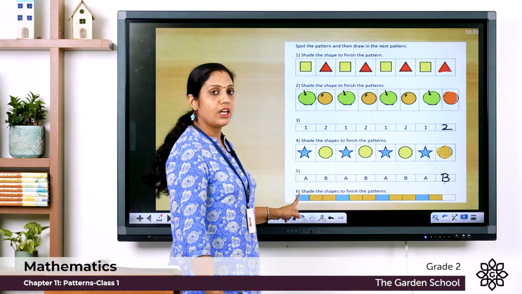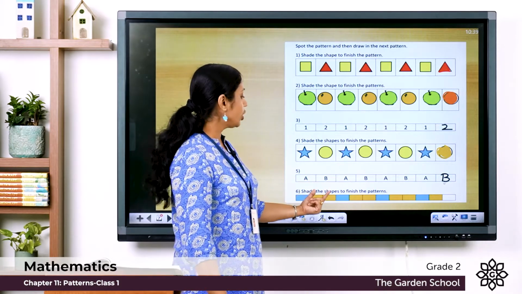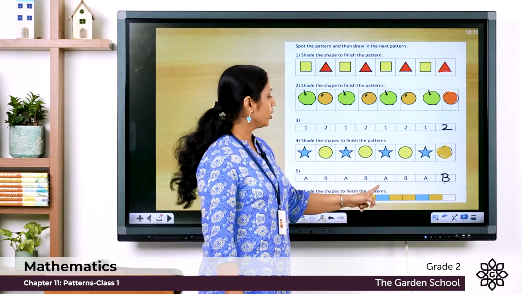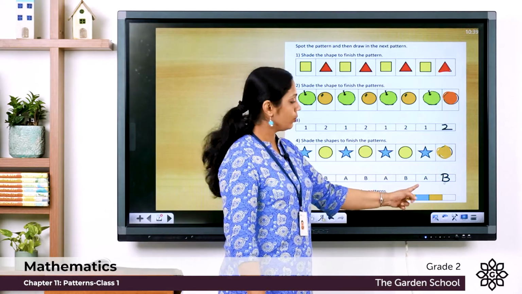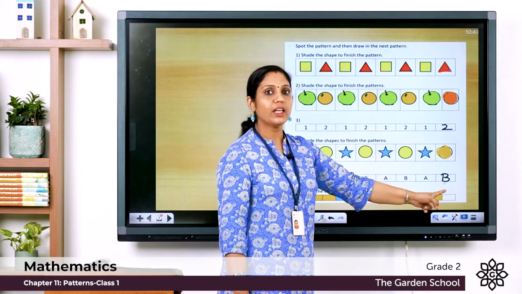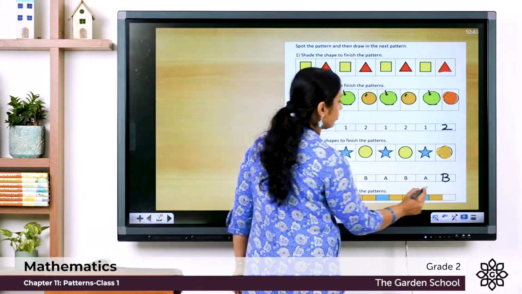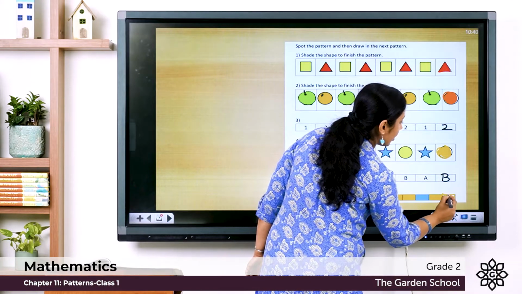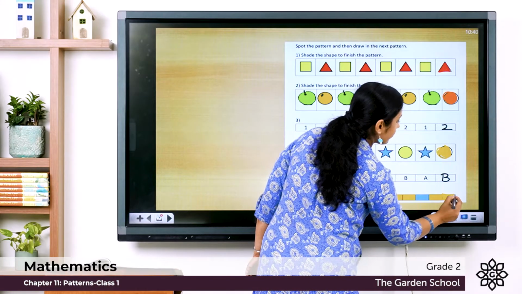First you can see a blue color followed by two yellow colors, again blue, 2 yellow, blue, 2 yellow, blue, 1 yellow. So how can we complete it? By drawing another yellow rectangle. By drawing this yellow color, we can fill this sequence.